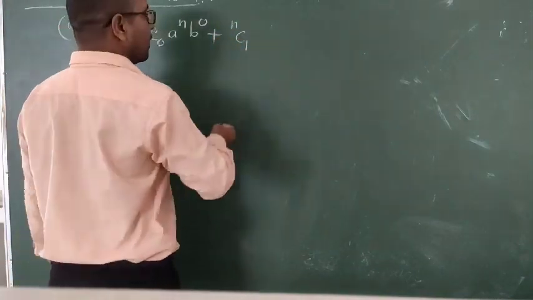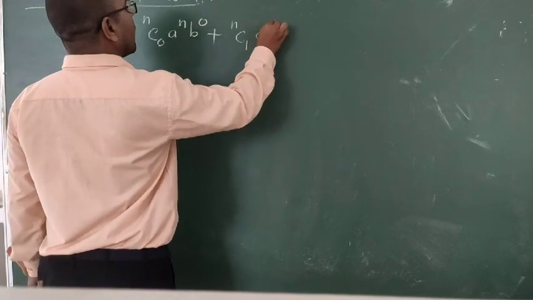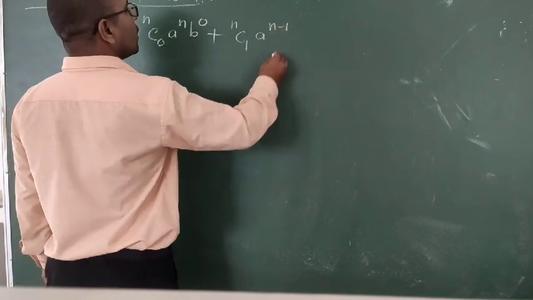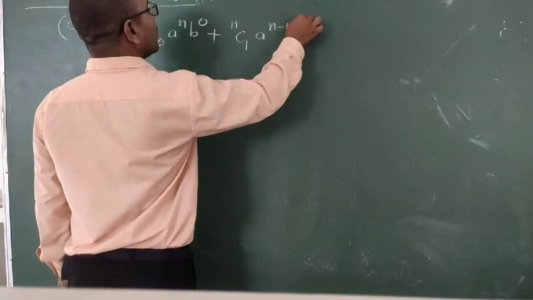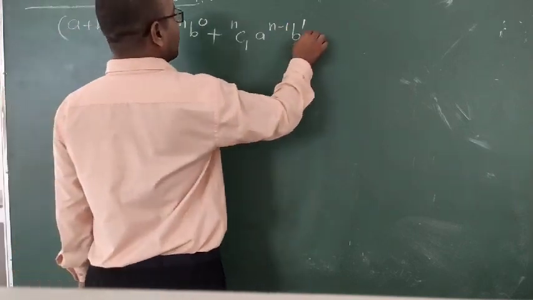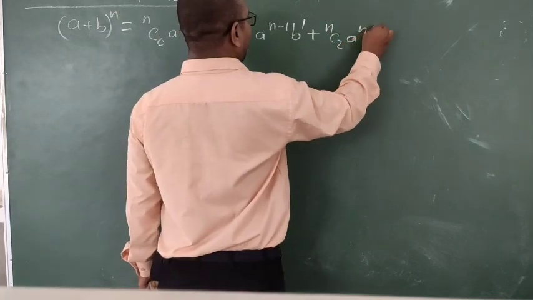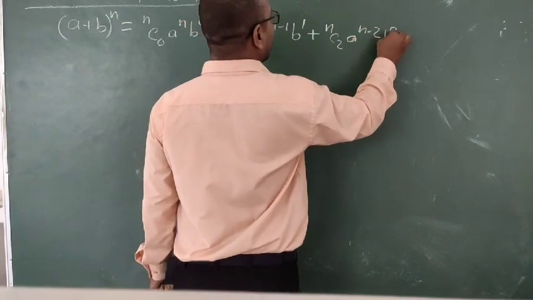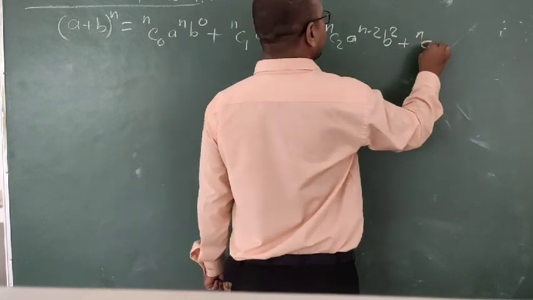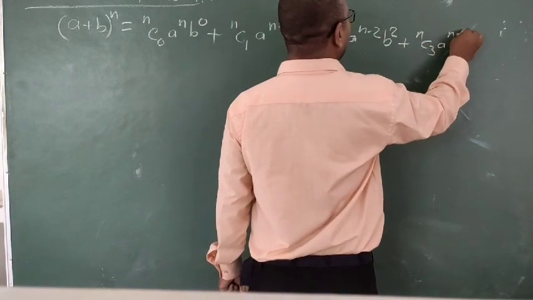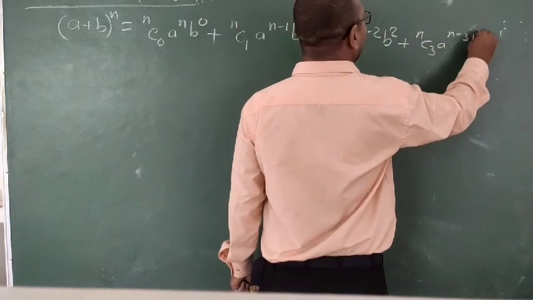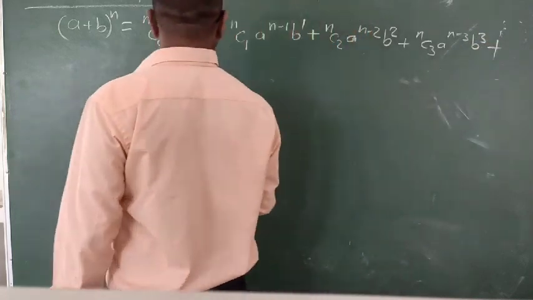Next term will start nC1, a to the power n minus 1, b to the power 1. Again plus nC2, a to the power n minus 2, b to the power 2. Plus nC3, a to the power n minus 3, b to the power 3.